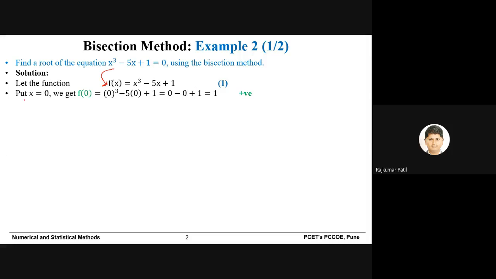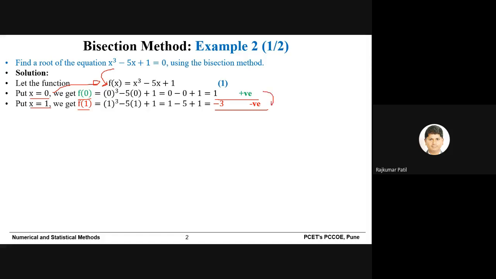So we'll start by putting x equal to 0 in function f of x, and you will get f of 0 as 1, which means you will get a positive value. Then we will put x is equal to 1 in the function f of x, and f of 1 is minus 3, so this value is negative.